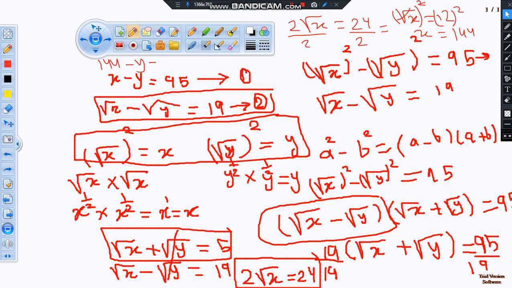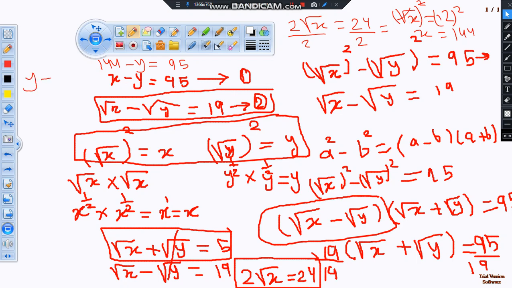You want to find y, so you are going to subtract 144 from both sides, or it will be easier to move the minus y to the other side, it will be positive y, and bring 95 to the other side with a different sign.